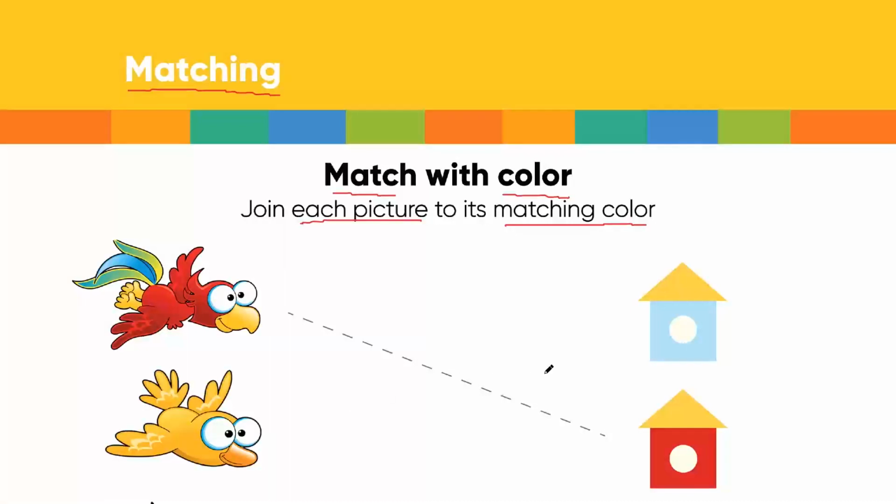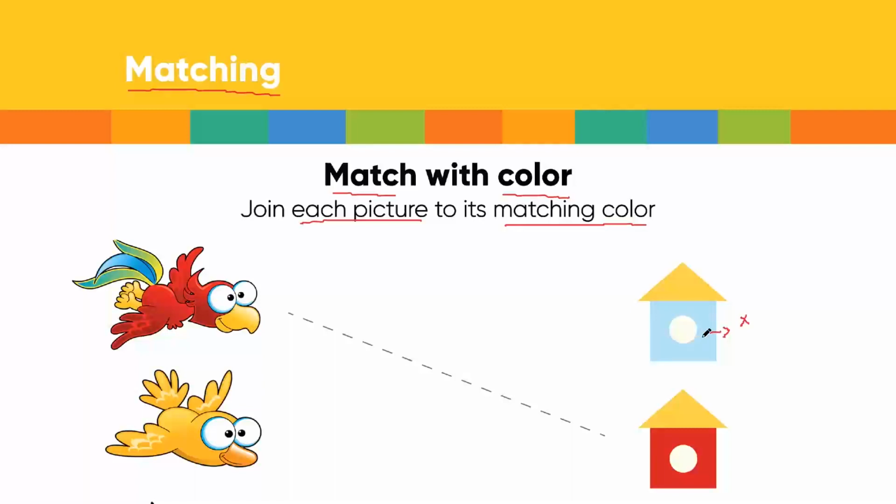Now let's start looking on the right side. Here we can see that this bird's nest is blue in color. So that means we cannot match this bird with this bird's nest, right? You don't have to consider these hats because these are not our main concern.